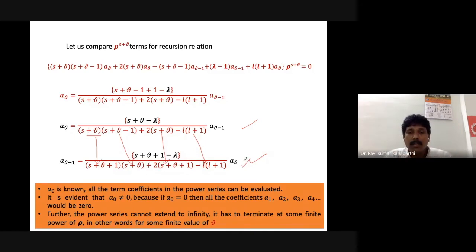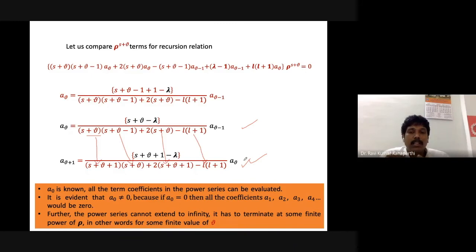So what you can see here is that this is an infinite power series. f of rho is expressed as a_0 rho to the power s, plus a_1 rho to the power s plus 1, and so on. The coefficient values we didn't know how to calculate, but now we got a recursion relation.